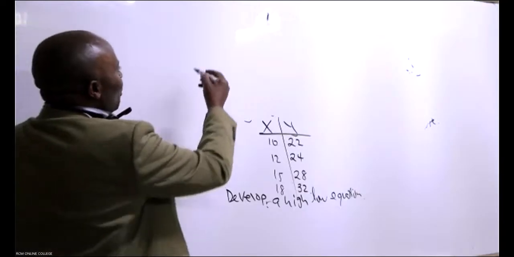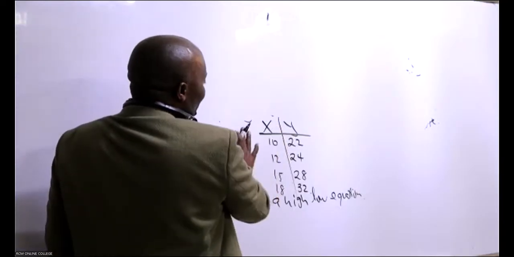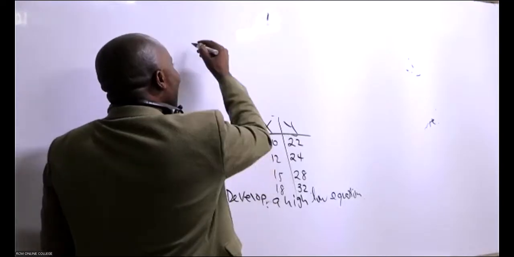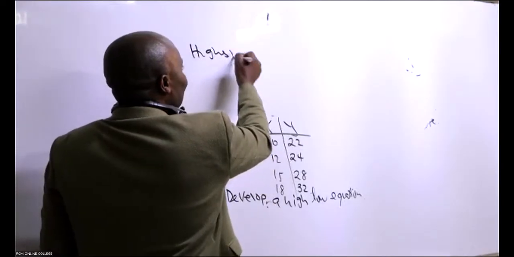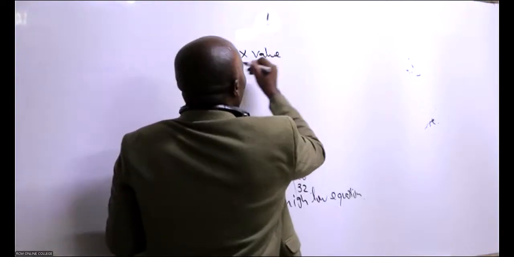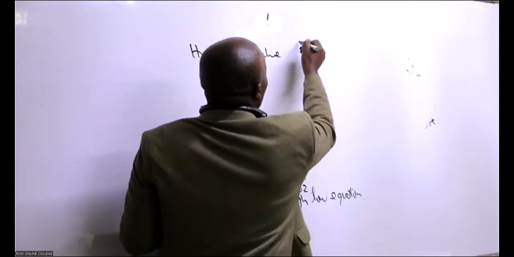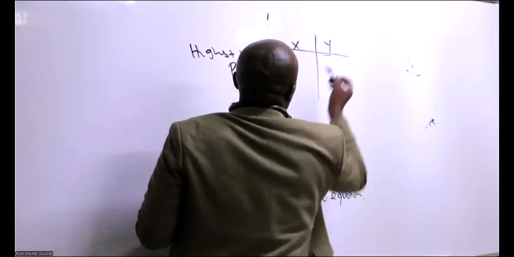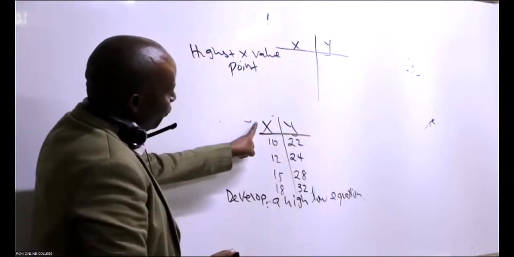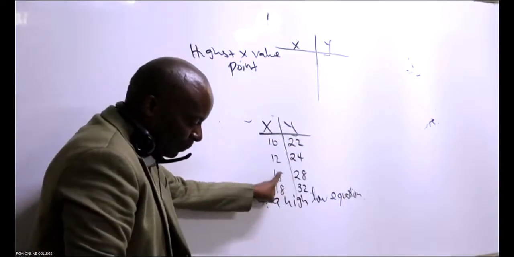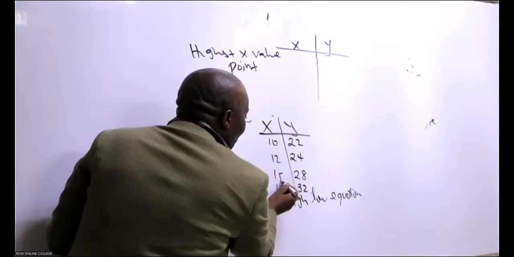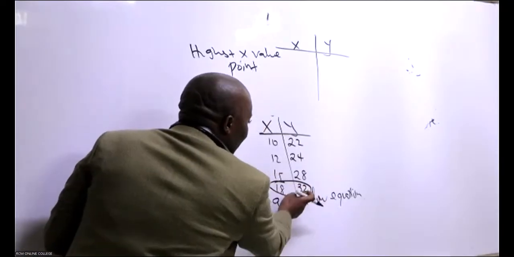It's just perception. So now, high-low method, what do we do? We select the highest X value point. When you look at X values, which one is the very highest? 18. You don't pick 18 alone, you pick it together with the Y coordinate.